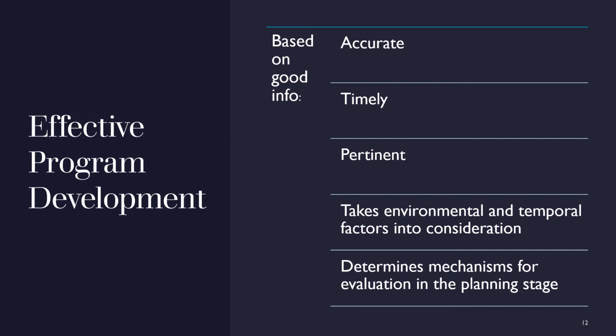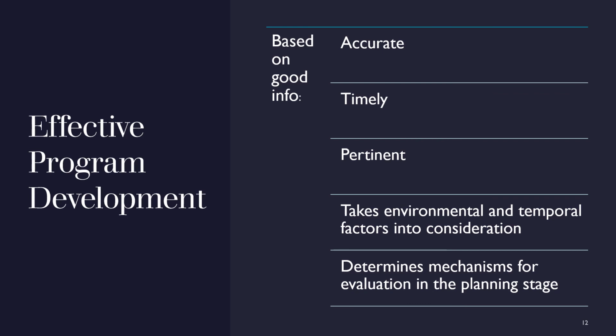So it's critical that we think about developing programs with these kinds of criteria in mind, that programs should be developed based on the evidence-based practice models, and then building those out into effective programming.